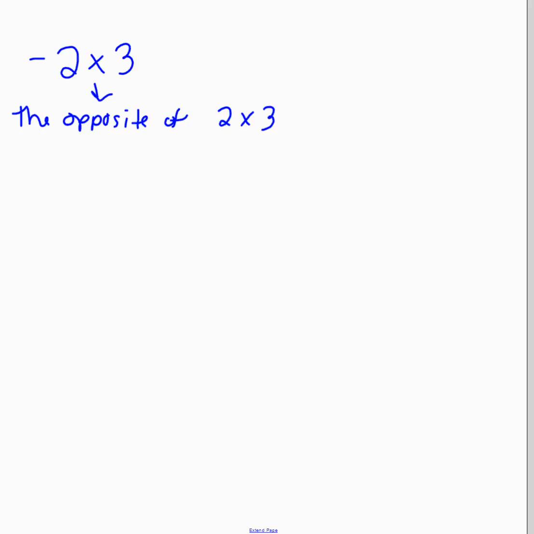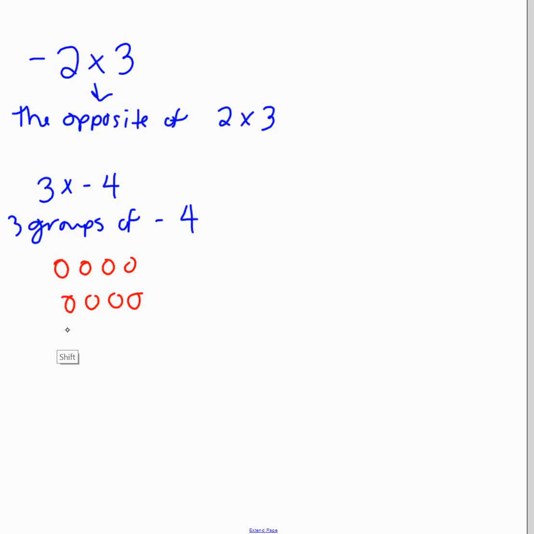Okay? Now, let's say we have 3 times negative 4. That means 3 groups of negative 4. So if you were to picture 3 groups of negative 4, with integer chips, for example, negatives are shown with red, there's one group of negative 4, there's 2 groups of negative 4, there's 3 groups of negative 4.